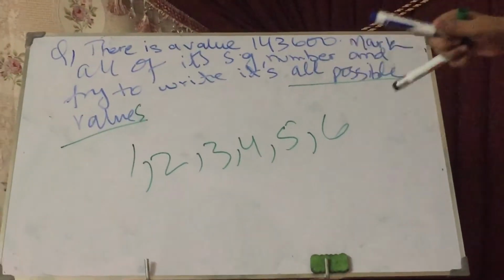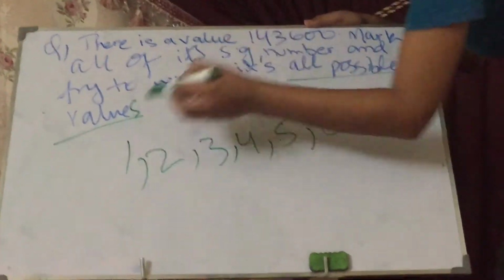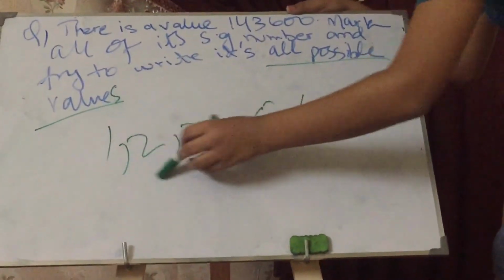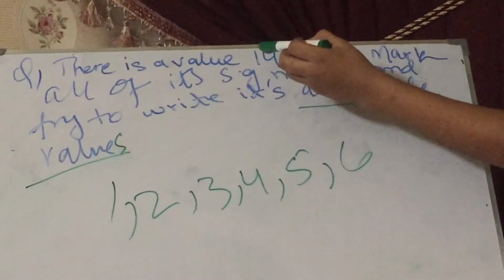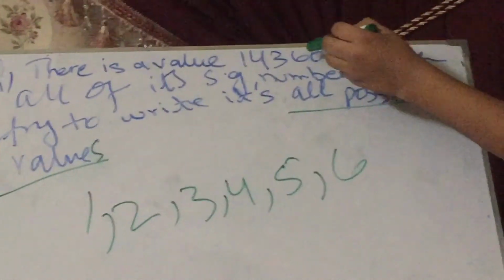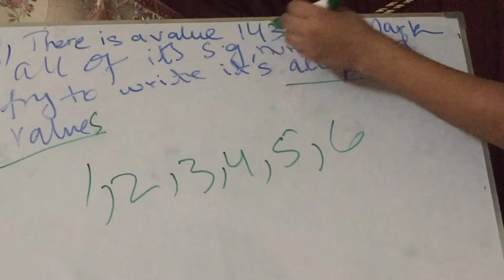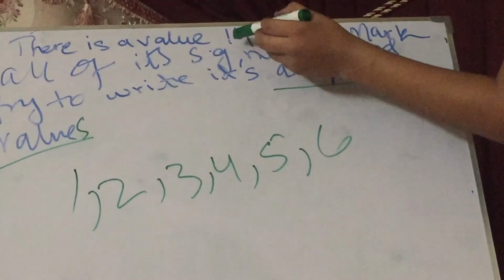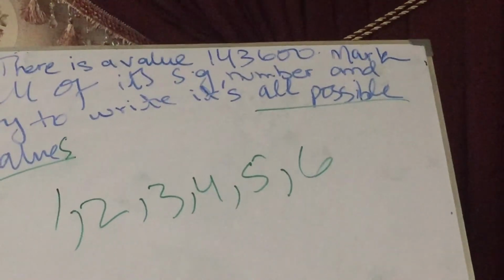Why all these numbers up to 6? Because 1 significant number for 1, 2 significant numbers for 1 and 4, 3 significant numbers for 1, 4 and 3, 4 significant numbers for these 4 numbers till here, 5 significant numbers for 1, 4, 3, 6, 0, and then 6 for all these 1, 4, 3, 6, 0. That was a tricky question.